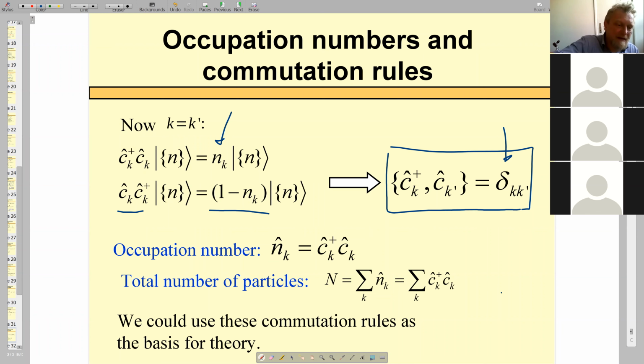Good. With this, we have occupation numbers. We have the total number of particles. That's precisely as for bosons. And as for bosons, we could use these commutation rules, postulate them, and then figure out that with these operators we can make the whole Fock space.